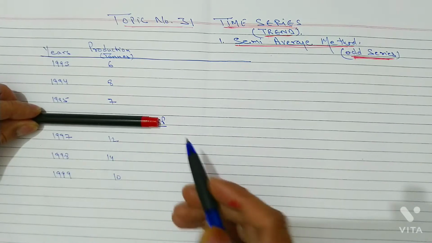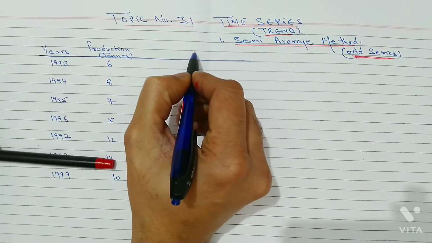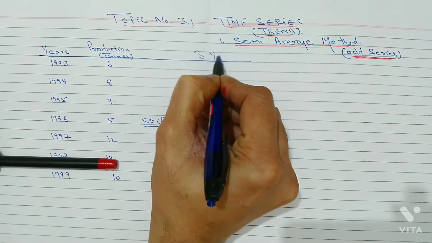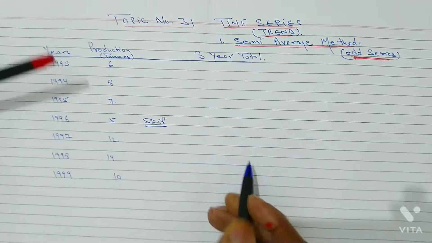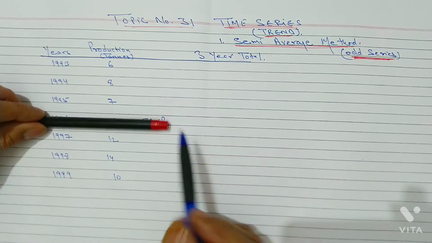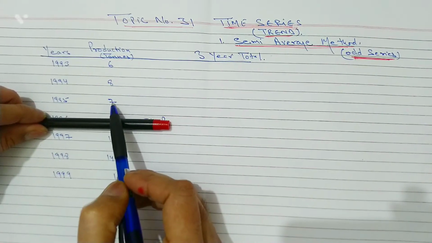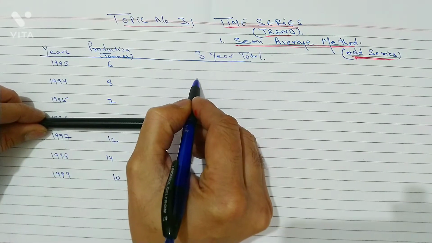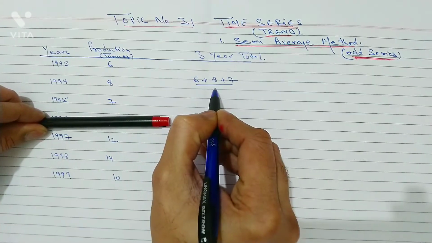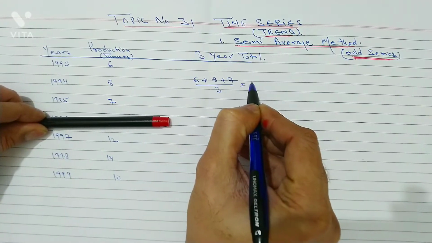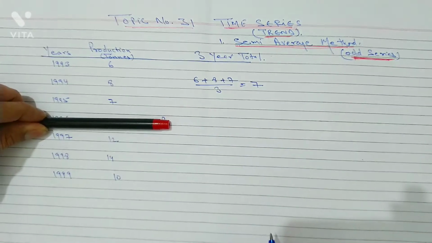Now find the average. First 3 year total, skipping the middle term: 6 plus 8 plus 7, divided by 3, equals 7.